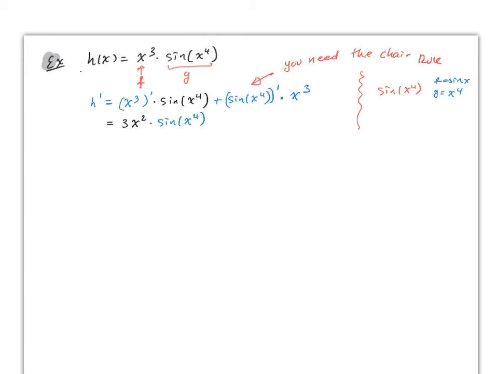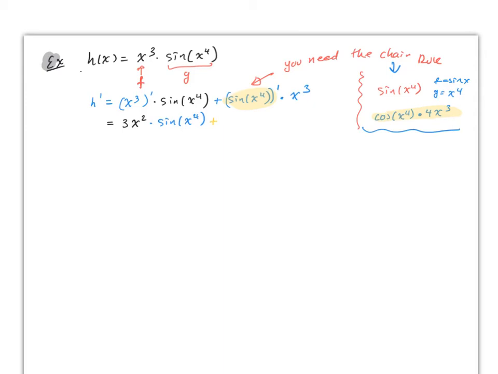So remember, the derivative of sine is cosine times the derivative of the inside, which is 4x cubed. So this is the chain rule. Therefore, the derivative of the second part, which will be this, is this part right here.